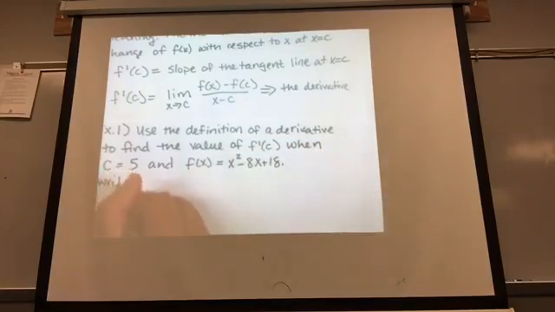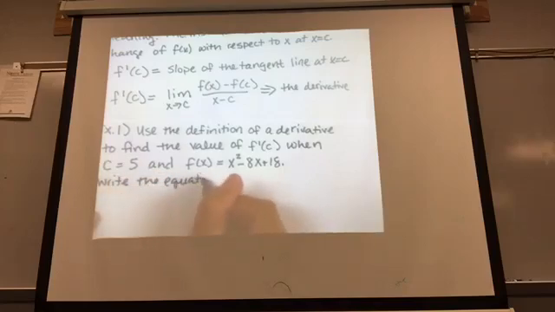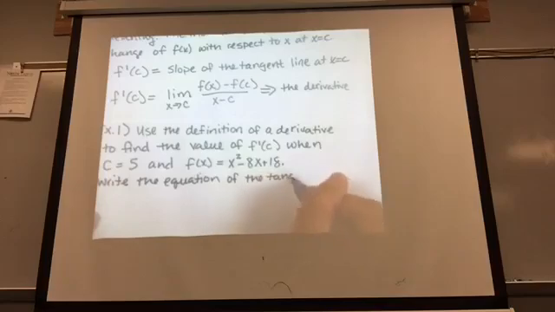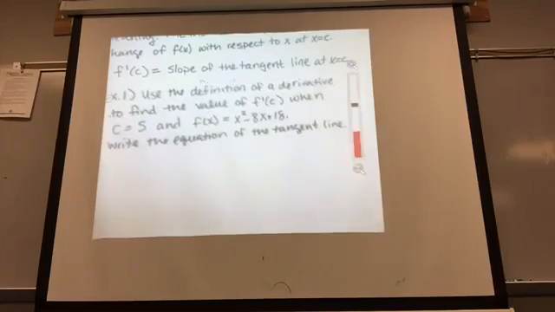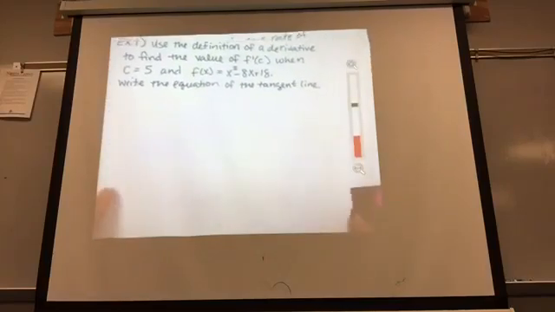Write the equation of the tangent line. Alright, so let's reread it. Use the definition of a derivative to find the value of f prime of c when c is 5 and f of x equals x squared minus 8x plus 18. Write the equation of the tangent line.